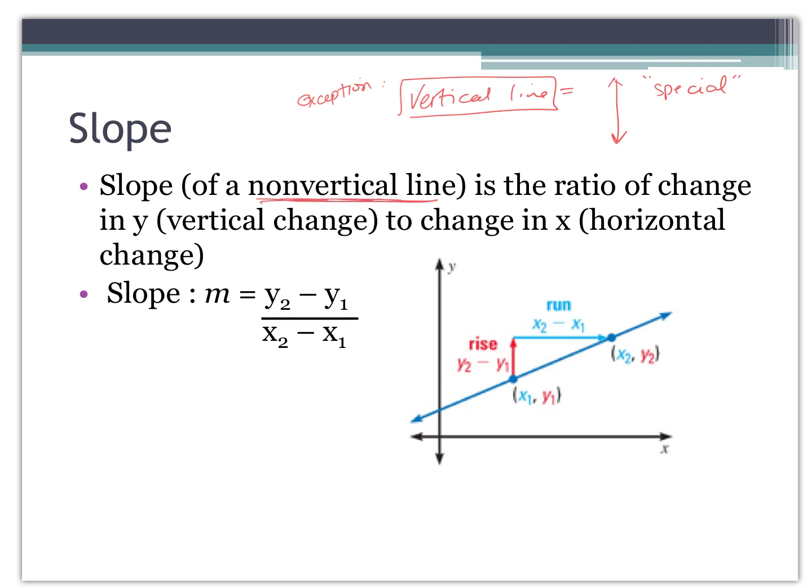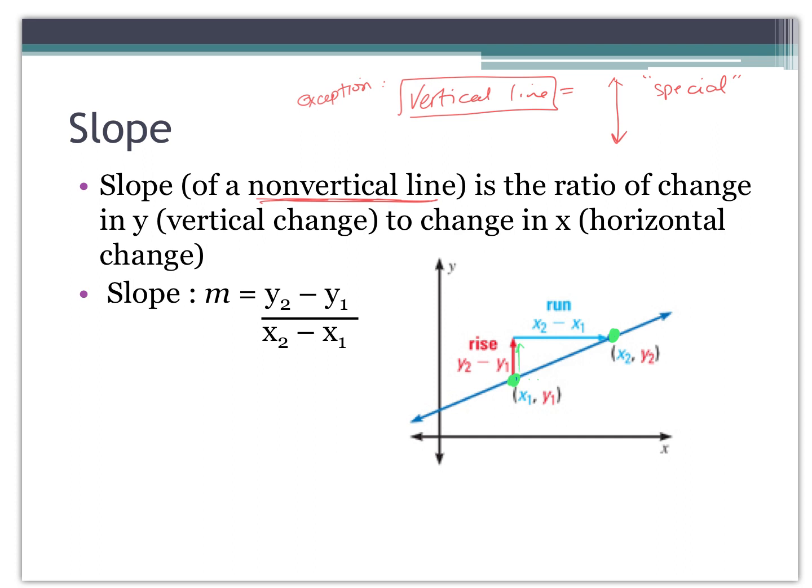So the slope of a non-vertical line is the ratio of change in y to the change in x. So what that means is if I start here, let's say at this point, x1, y1, and I go to this point here, x2, y2, I'm going to have a change in my y value. In other words, I know that my point from the original over to the new one is going to have a rise.